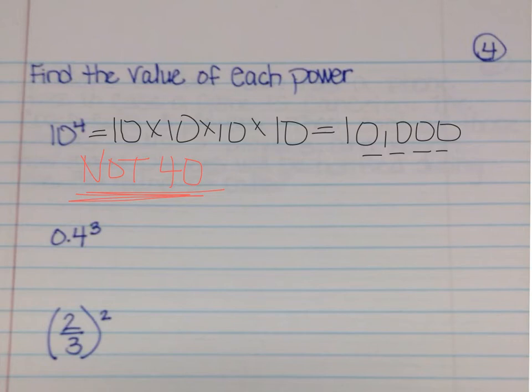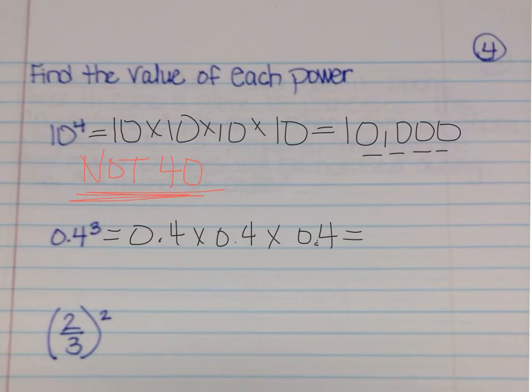All right, our next one is 0.4 to the power of 3, or you could say 0.4 cubed. All right, so that looks like this. 0.4 times 0.4 times 0.4.